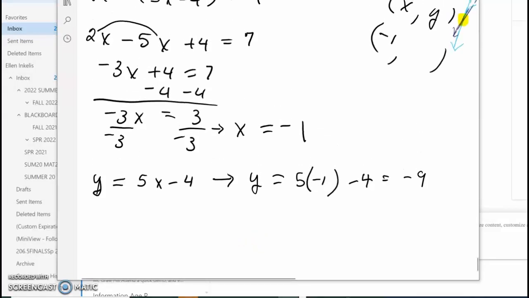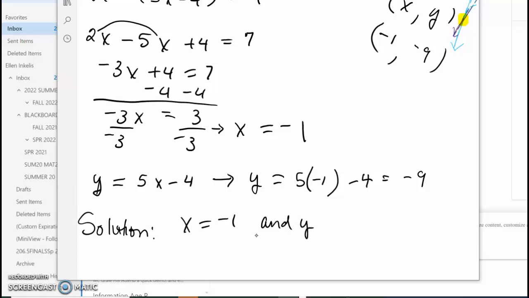So I'm going to now put in the point negative 1, negative 9, and that is your point of intersection. So the solution to this system of equations, you can either write it as x equals negative 1 and y equals negative 9, or you can write it as a point, and in this case, it's the point of intersection.